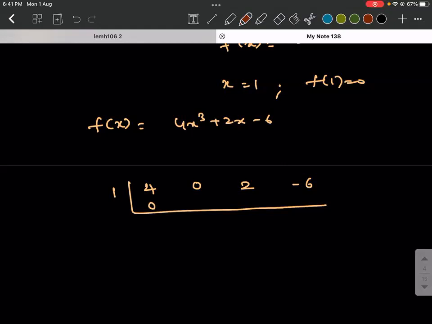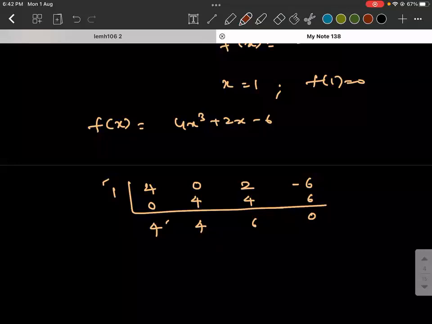So 4 plus 0, 4. 1 should get multiplied with 4. Appo inga enna varum 4. 0 plus 4, 4. 1 into 4, again a 4. 4 plus 2, 6. 1 into 6 plus minus 6, 0. By default, the last number will be 0 because you are dividing with one of the factors.